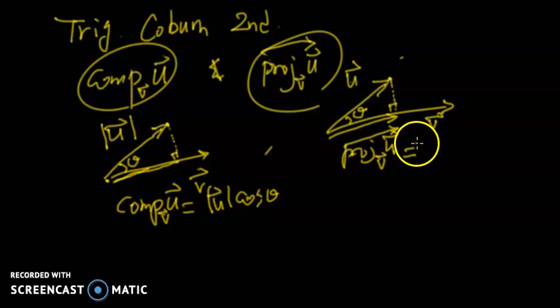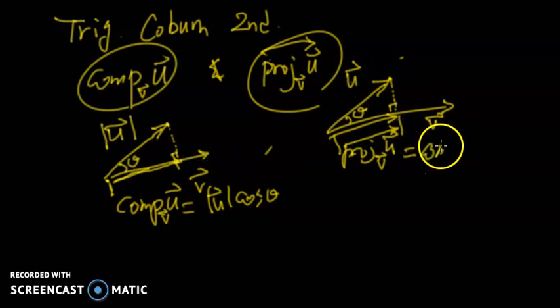So what is it? The side length of the projection of V vector is this one, component of U vector along V vector, the length of this bottom side.